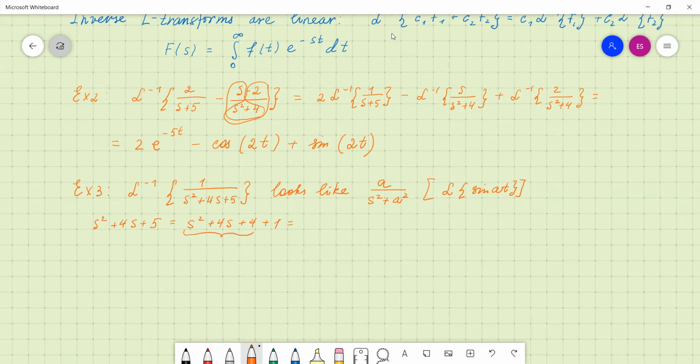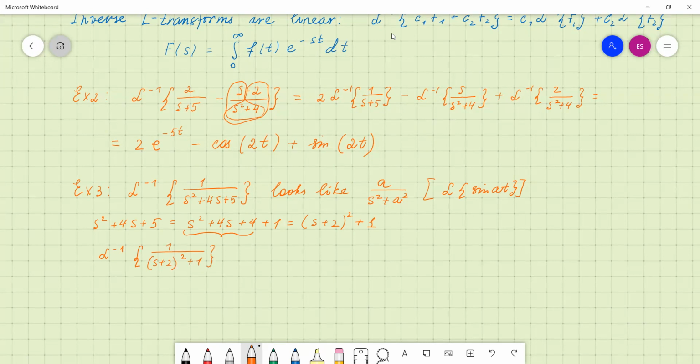This trinomial is going to complete the square s plus 2 squared, and this one is just going to be a separate, leftover one. Now I'm going to put it back into my fraction. So what I have is Laplace transform inverse of 1 over s plus 2 squared plus 1.